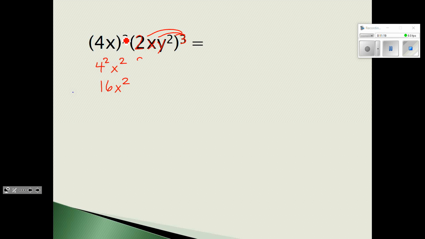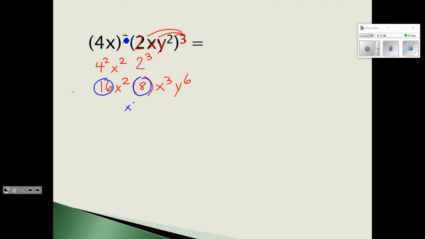So first we have 2 cubed, which is 8, x cubed, y squared raised to the third. So we multiply again here, and that would be y to the sixth power. Now you can look at this, and with your commutative property, you can group together the common bases. First, we can actually multiply 16 times 8.